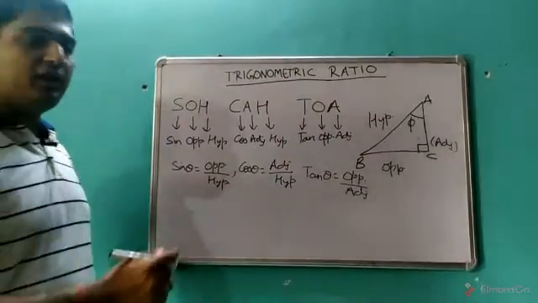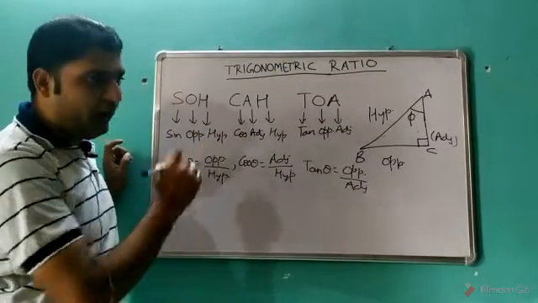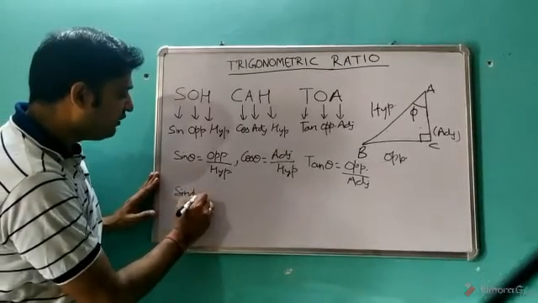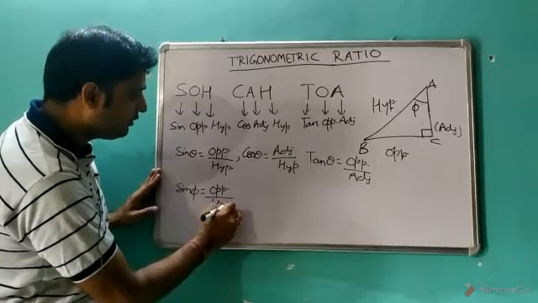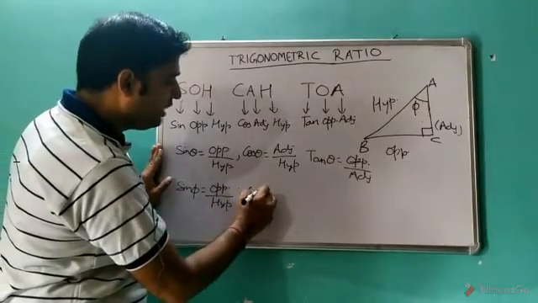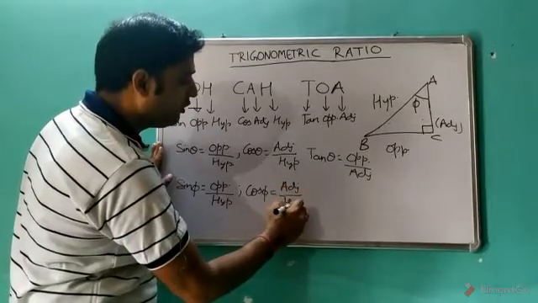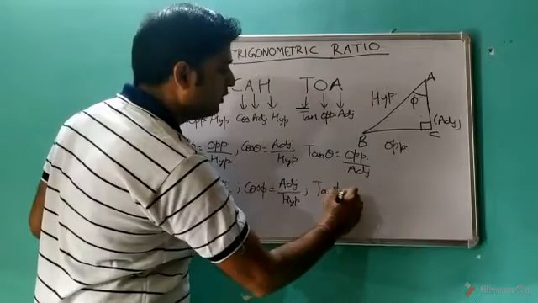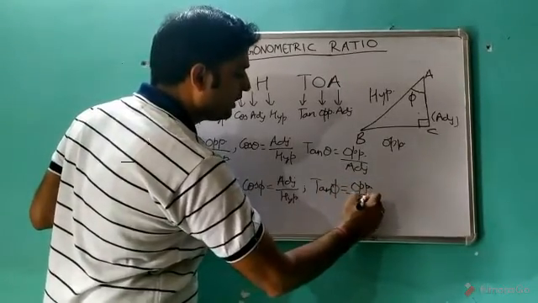Writing the trigonometry ratios with respect to angle phi: sin phi is equal to opposite upon hypotenuse, cos phi is equal to adjacent upon hypotenuse, and tan phi is equal to opposite upon adjacent.